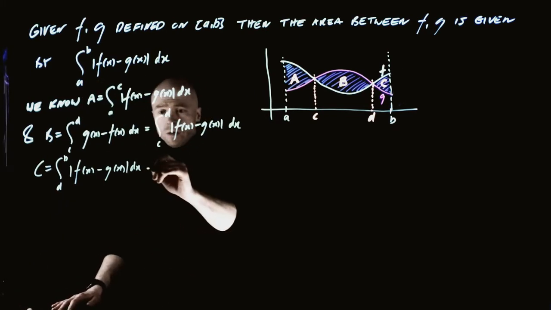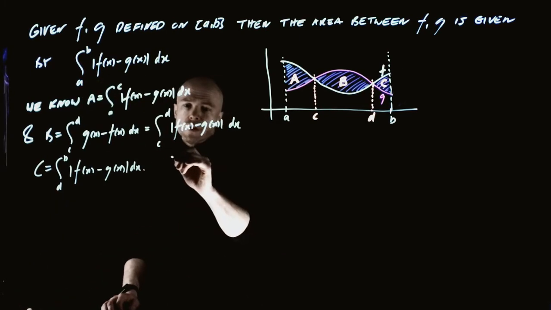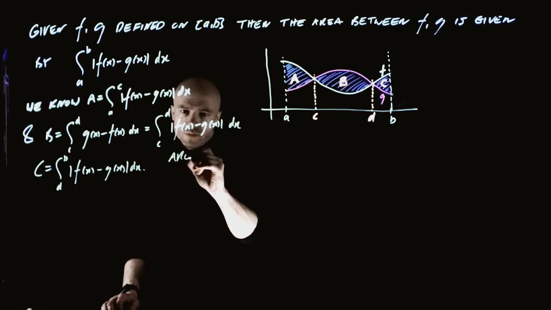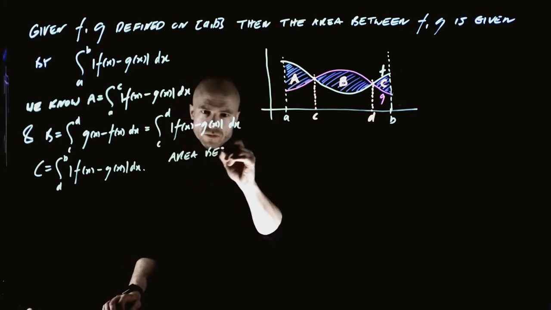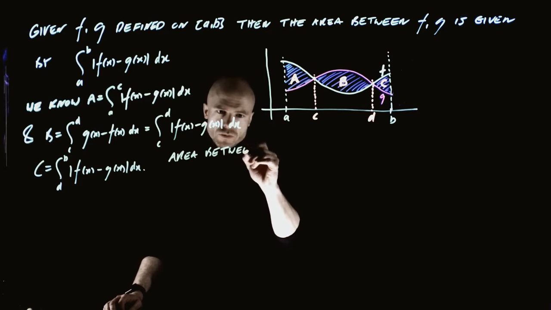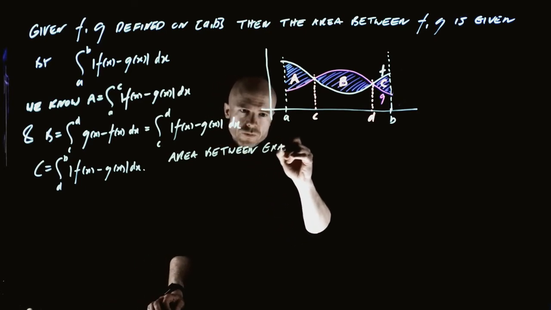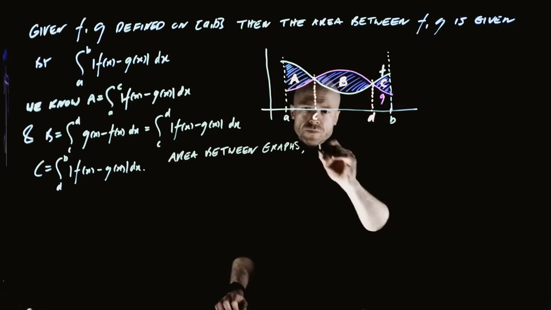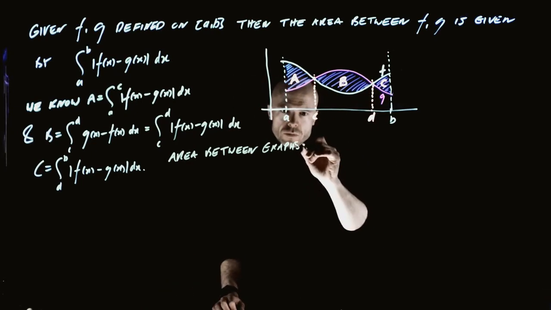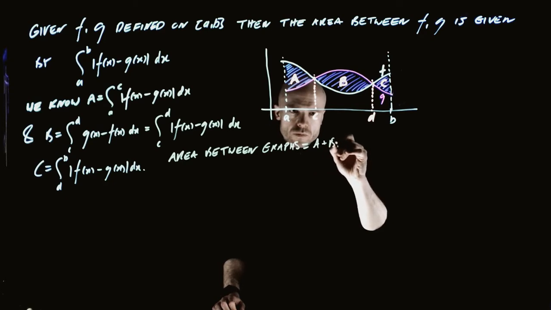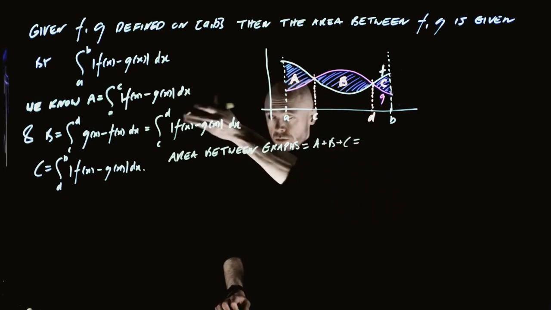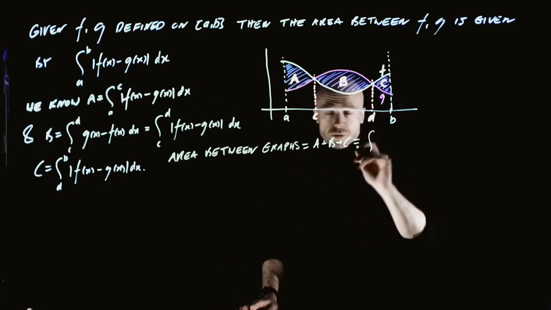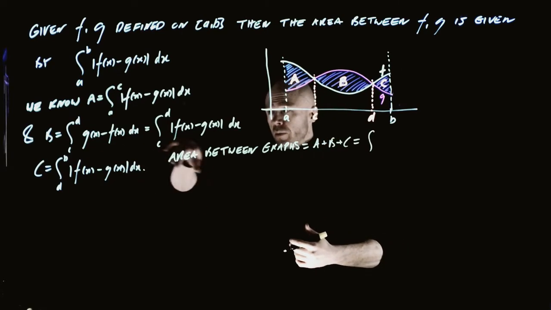So the total area between the graphs is given by A plus B plus C. And then we just put down the expressions here. So we have, in the language of maths, expressed what A, B, and C are.